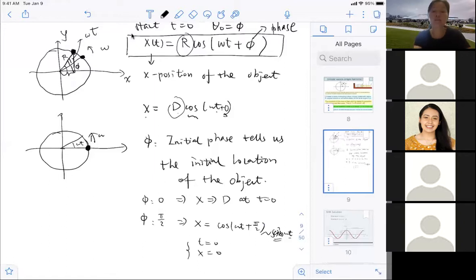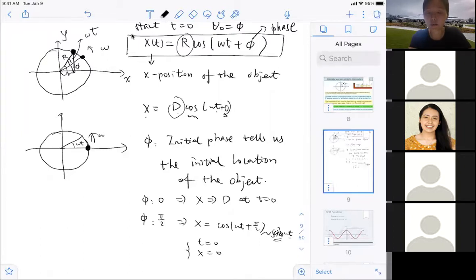That simply tells you at t equals 0, my mass, my object, is at the middle point, a point where the spring is neither stretched nor compressed. That's simply where you start your timer. Like, okay, right now I'm starting to observe the oscillation and I start where the mass was in the middle.